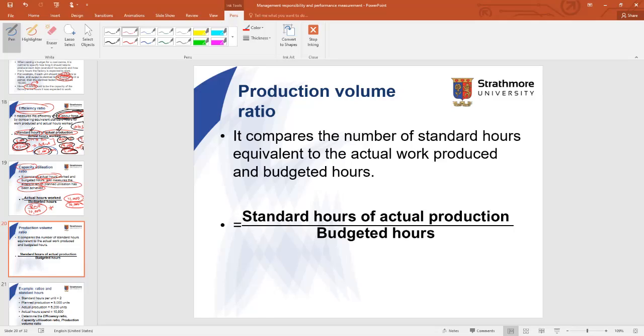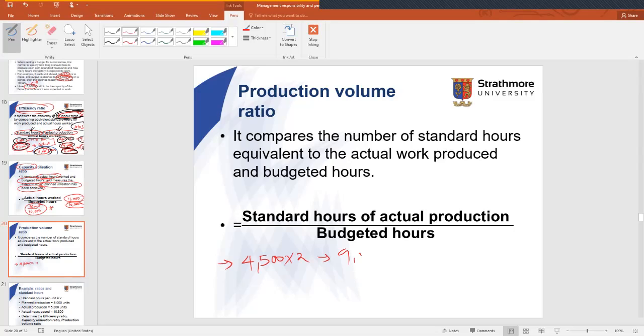Therefore, to extend our example, the company produced actual output of 4,500 units, times 2, which you got as 9,000. To produce the 4,500 units, the company was meant to have taken 9,000 hours. Compare with the budget. The budget was meant to be 10,000 hours. Therefore, this converts to 90%.